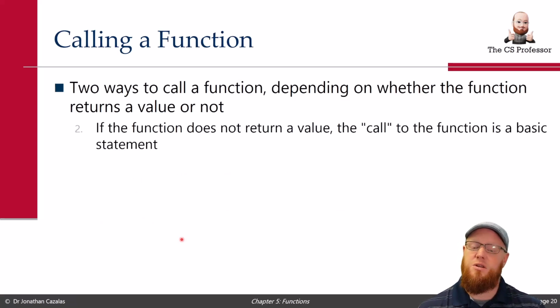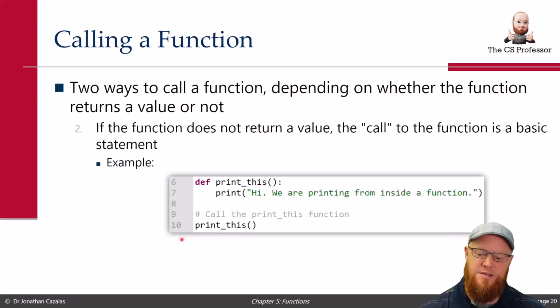But what if the function does not return a value? Instead, it just maybe prints something. Therefore, the call to that function would look like just a basic statement. So if here we have this function called print this, it's a very exciting function, right? That function is called print this. It has no parameters, and all that function does is it has a print statement that says, hi, we are now printing from inside a function.